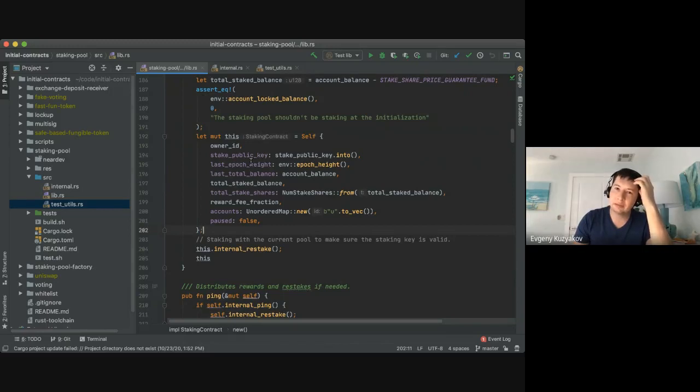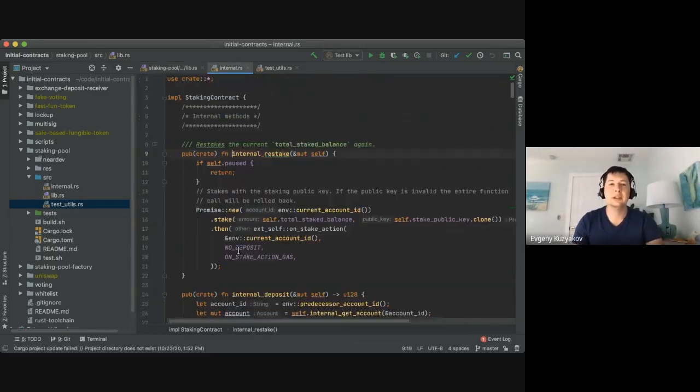So there are some keys on the curve that are valid keys, but not Ristretto specific. And validator keys can only be Ristretto specific. So this is a NEAR protocol specific thing.